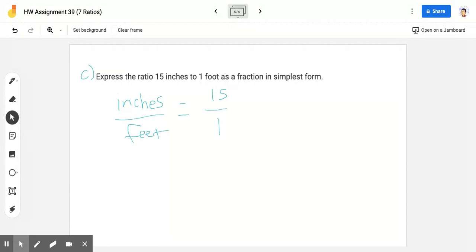So that would be 15 twelfths, which we could then simplify by dividing top and bottom by 3, which would be 5 fourths. And there you go. All right.